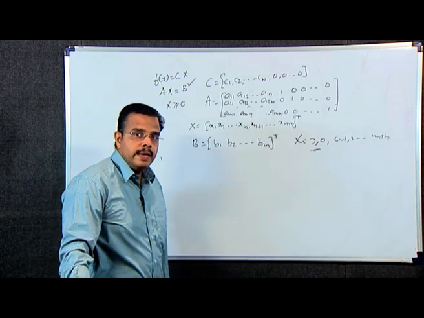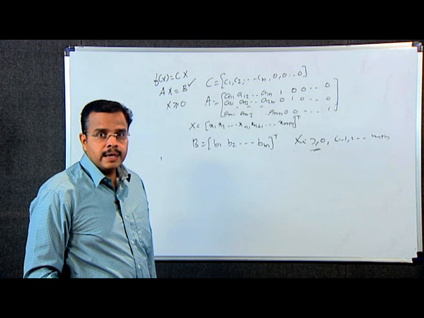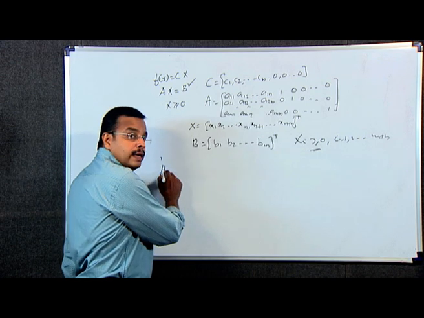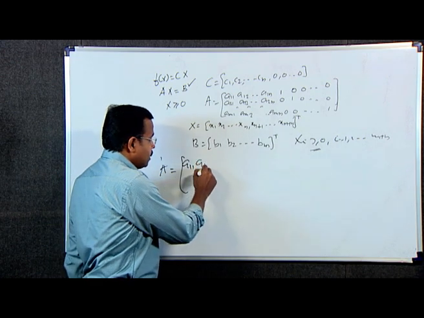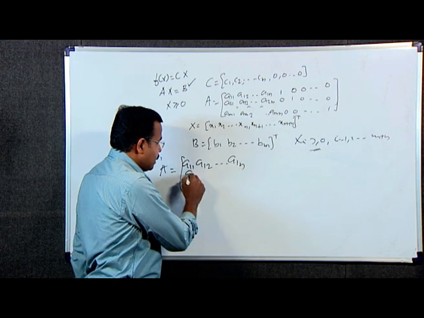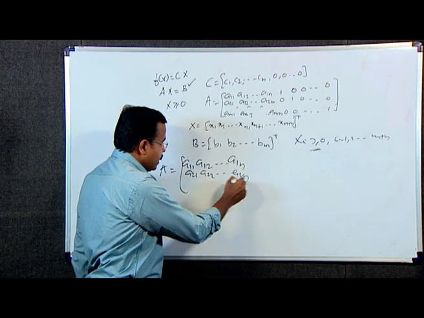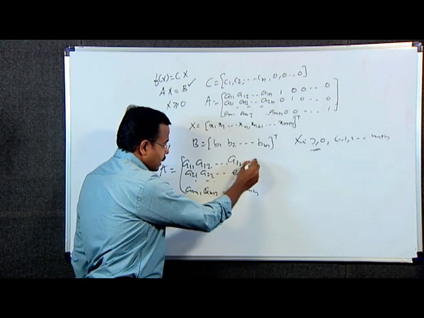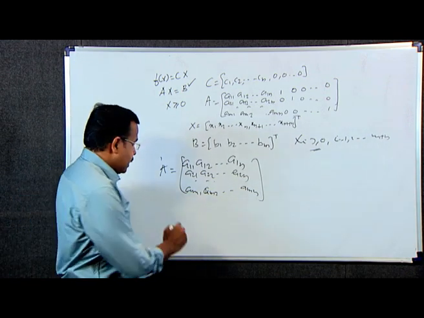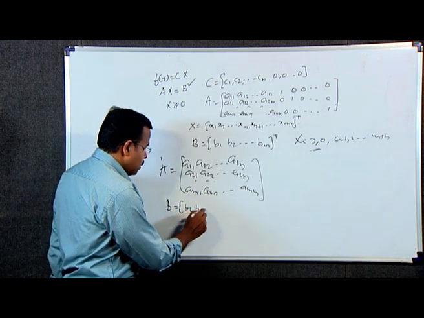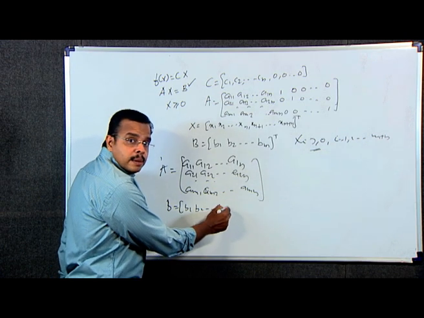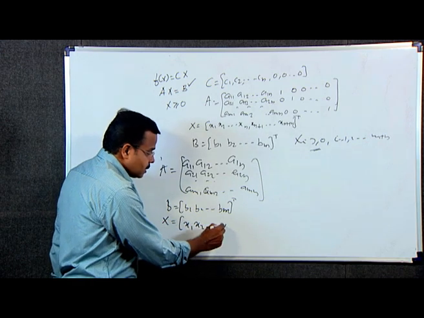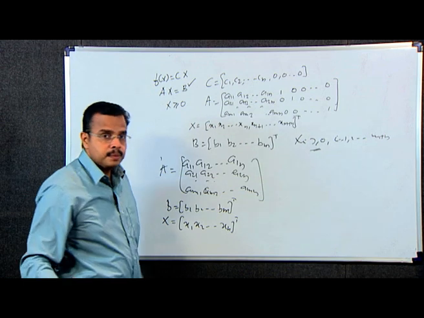Consider a system of m linearly independent equations Ax = b for x greater than or equal to 0, where A is the matrix with entries a11, a12, ..., a1n, a21, a22, ..., a2n, ..., am1, am2, ..., amn, and b = (b1, b2, ..., bm) transpose, and x = (x1, x2, ..., xn) transpose.